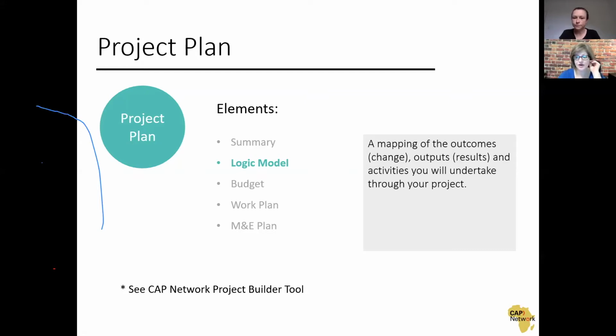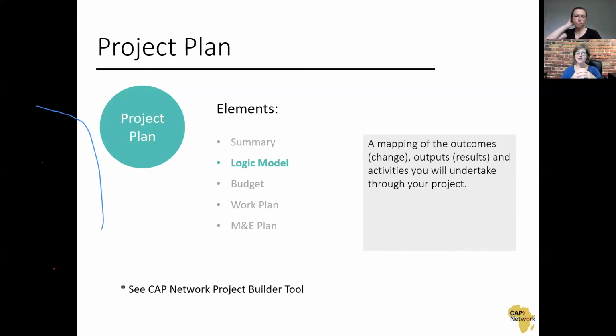So we will go over this in great detail in the second part of the training. But essentially a logic model, or sometimes it's called a results chain, is a way of thinking through the design of your project, flowing from the results that you want to achieve. So in the vertical format, and in the horizontal as well, you would start with the ultimately long-term goal that you're hoping to achieve through your project.